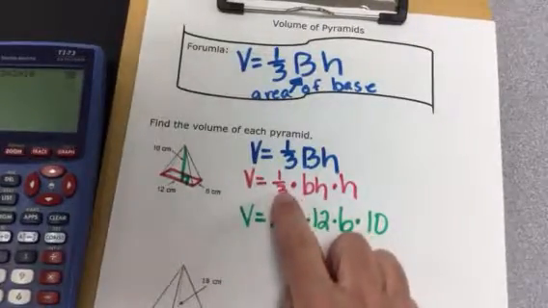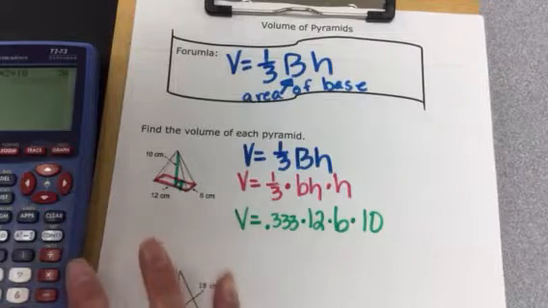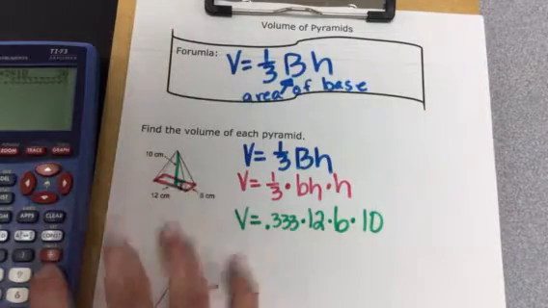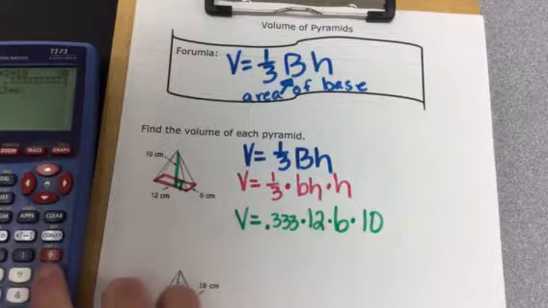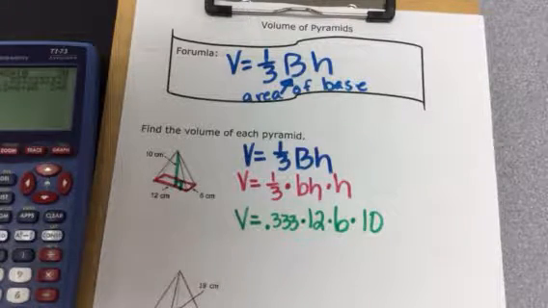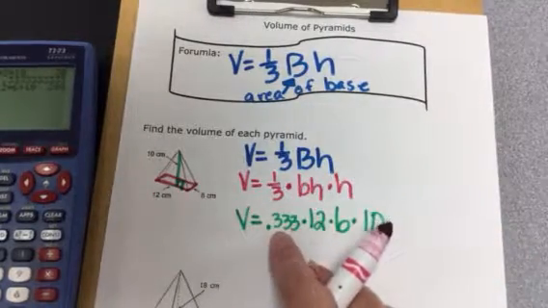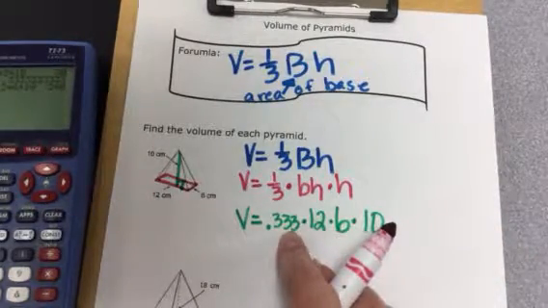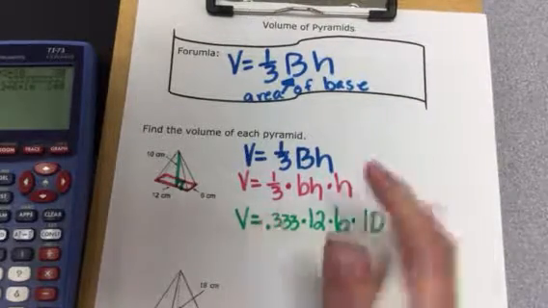If you don't know that 1/3 is equal to 0.333, your first step is to divide 1 divided by 3. Then you're going to do times 12 times 6 times 10. Now your number may be off by a tiny bit if you round this to 0.333 or less.